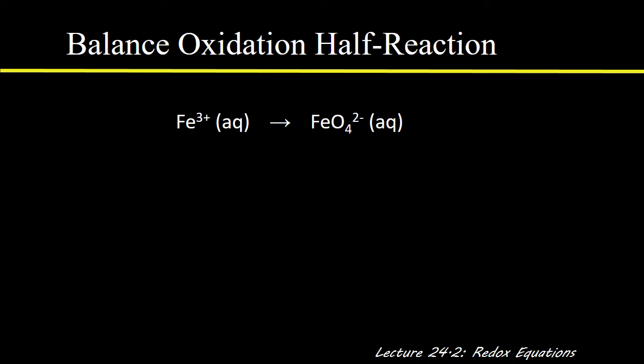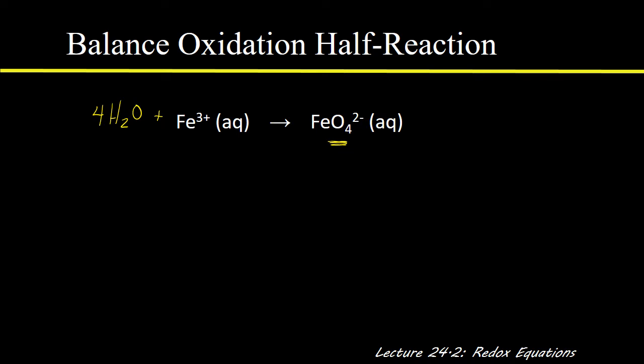And we've got 4 oxygens over here, so I'm going to add 4 waters to the left-hand side. We want to make sure we have states in our final balanced reaction, but you can leave them out in the intermediate steps if you would like.